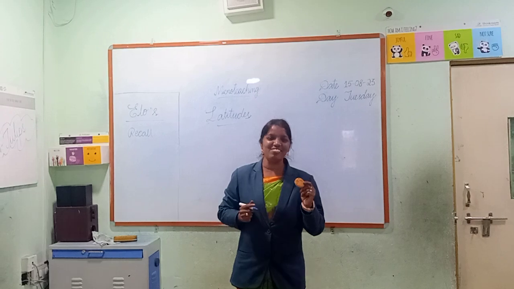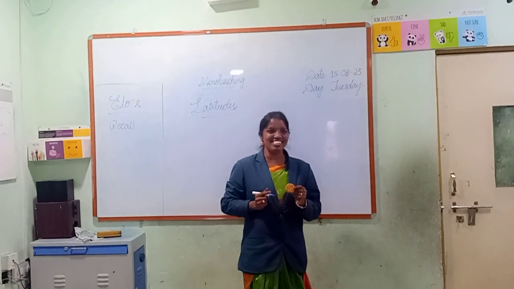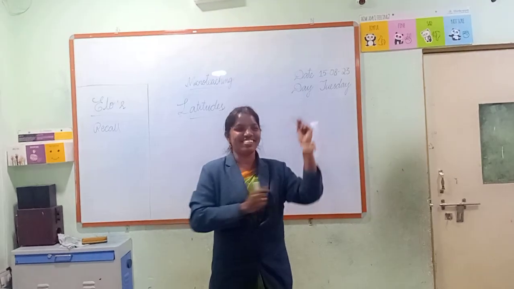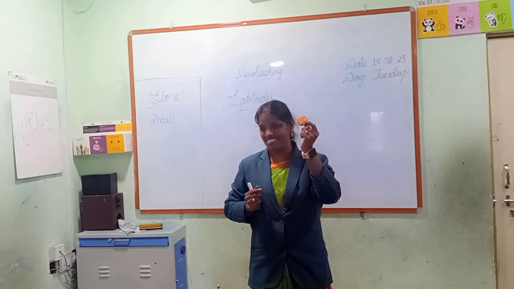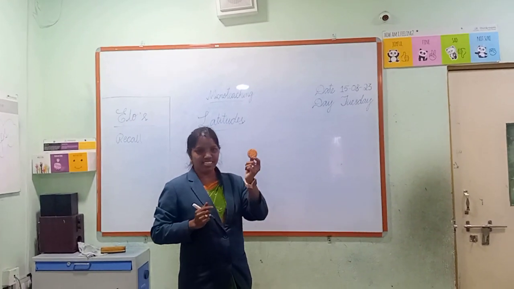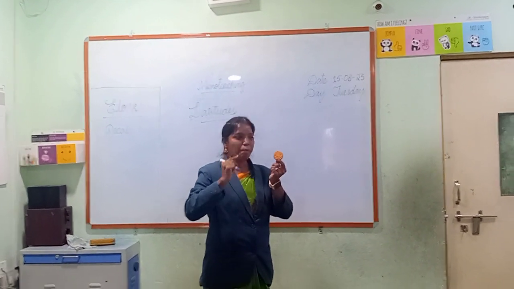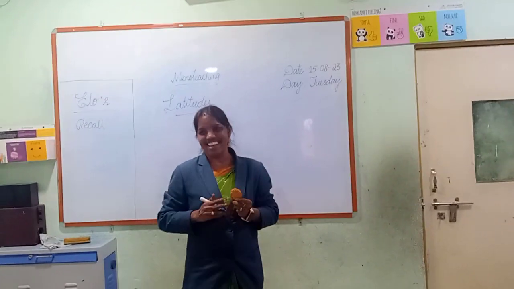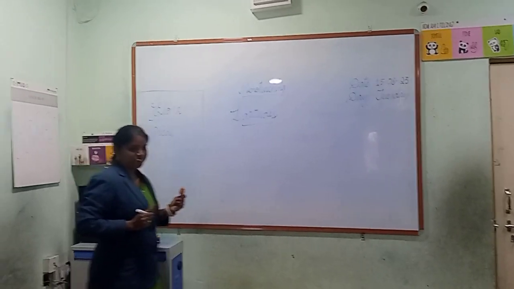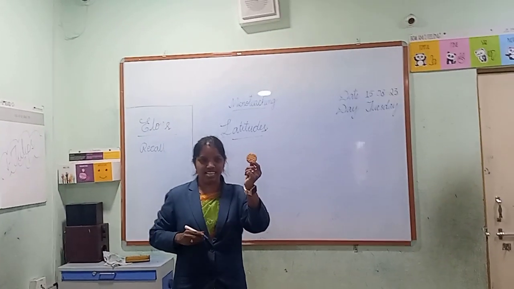Every time we are just eating the Good Day biscuit packet, right? So from today onwards, whenever you see the biscuit, remember our social teacher taught us something about the Good Day biscuit. Whenever you see the lines, these are the horizontal lines. These horizontal lines we call the latitudes, right, children?